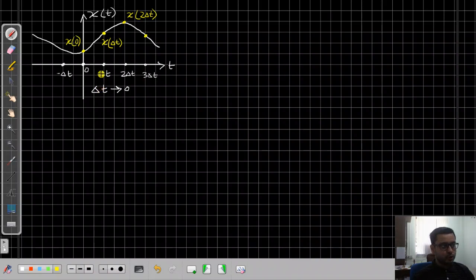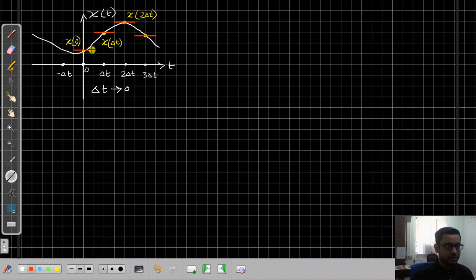Now what I can do is approximate this original signal as a piecewise constant signal, which looks like this. In this region, I shall approximate the signal as a constant like this. Then from here to here, I will approximate as a constant signal like this. At this point, another constant signal, here another one.